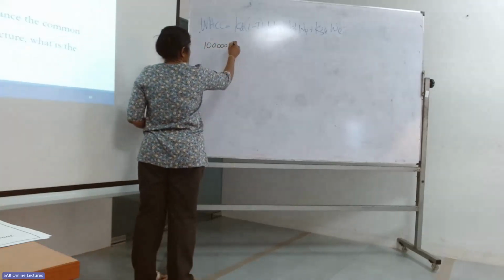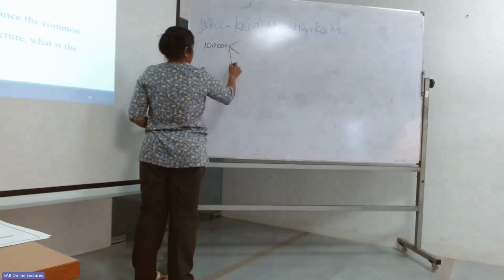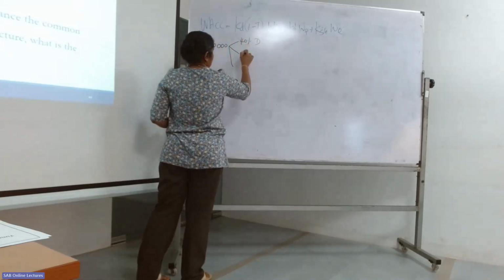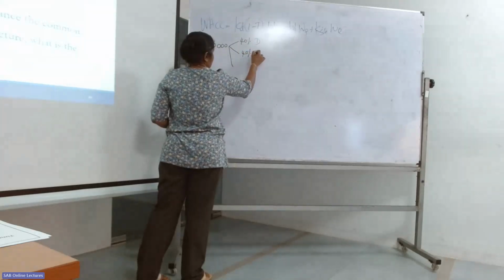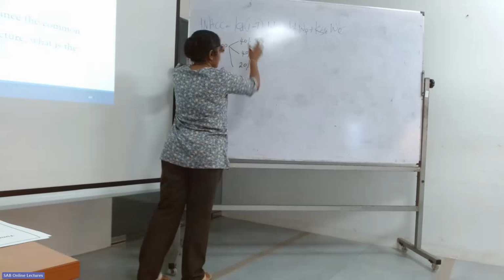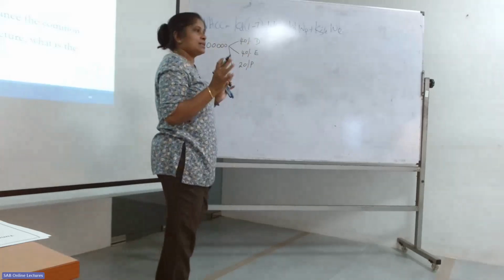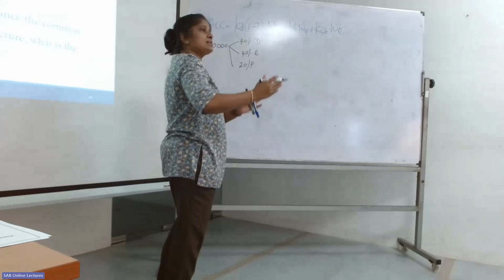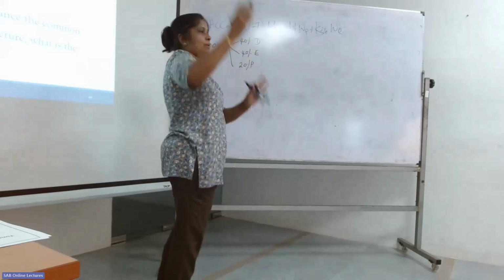So this 100,000 they have financed using 40% debt, 40% equity, 20% preference shares. So this is their capital structure. It's not changing. If it is an optimal capital structure, they may maintain this capital structure for a long period.